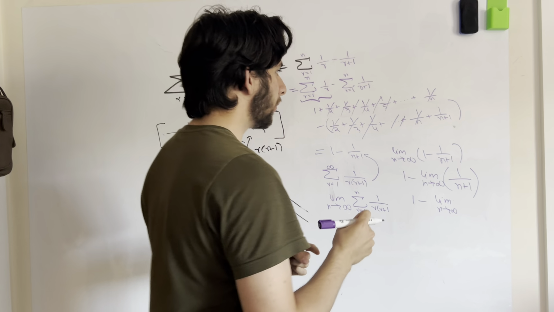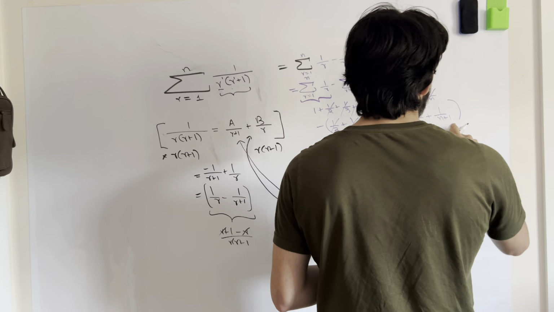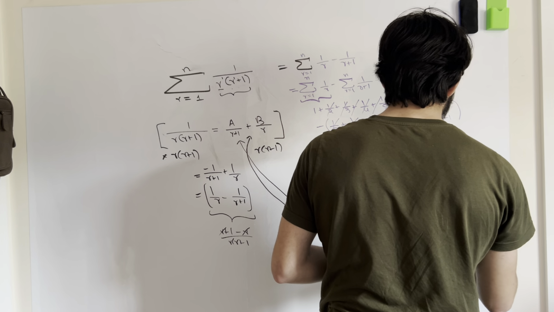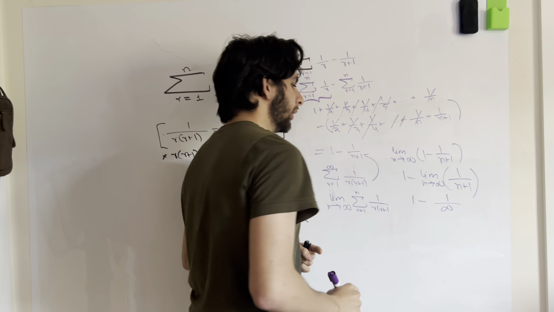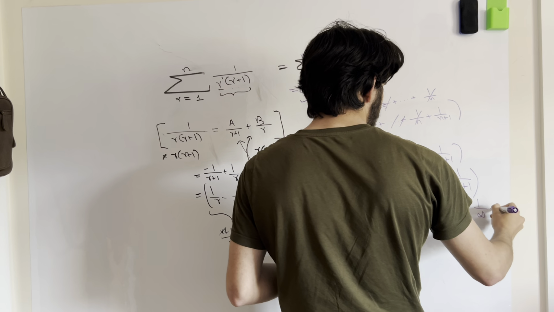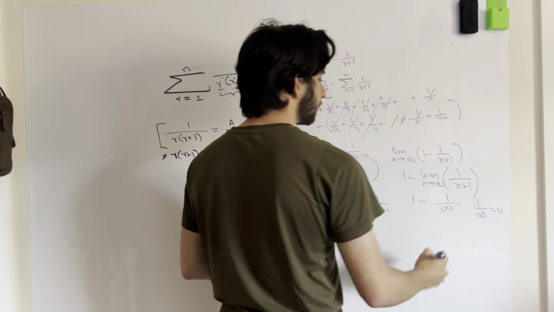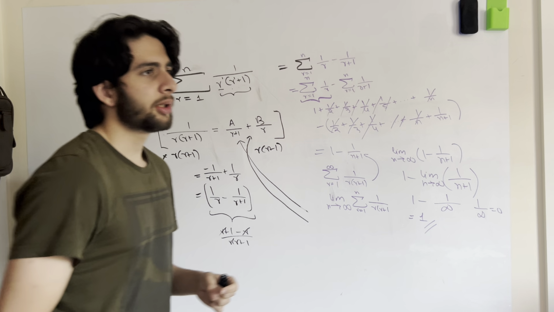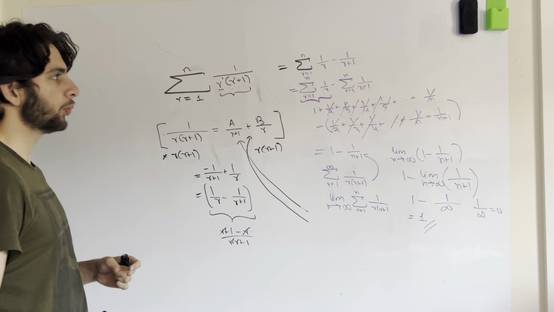So although not mathematically airtight, it is completely fine for you to write maybe 1 over infinity here. But this will just be 0. Therefore, this series tends to 1.